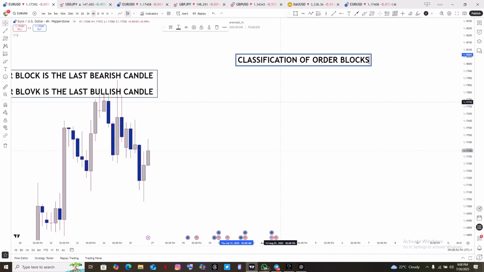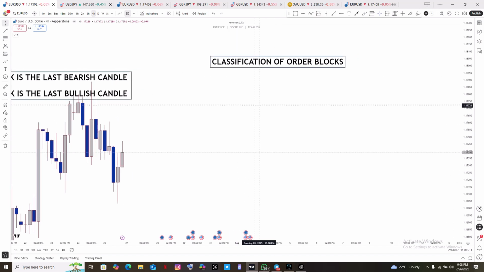Number one is the base order block. The short form for order block is OB.